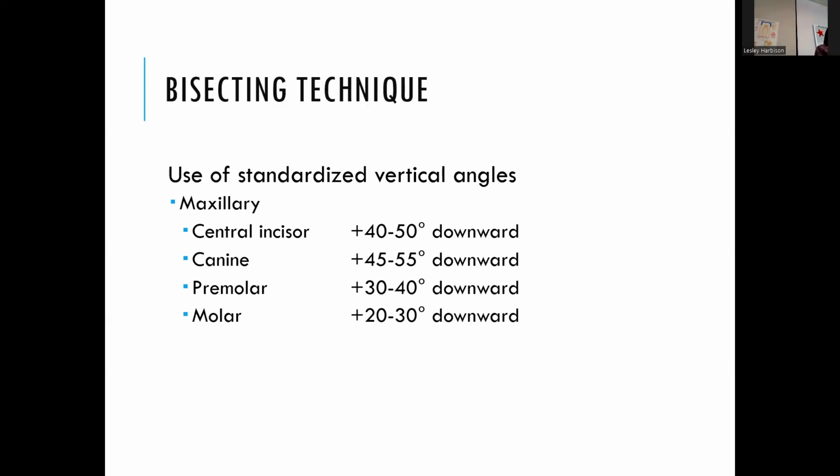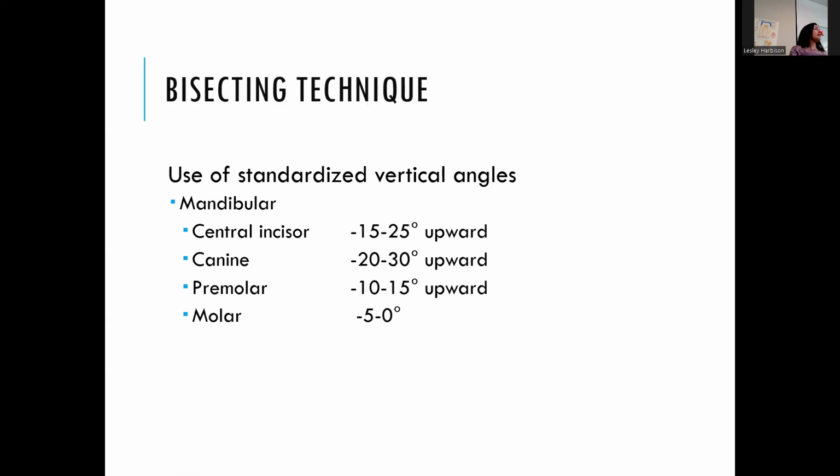This will be easier once you're in lab doing it, but especially in the anterior, you can actually visualize it. These are the numbers you'll automatically start with, and you might shift slightly: 40 to 50 downward for anterior, premolars 30 to 40, molars 20. So it gets flatter and flatter as you get posterior. You don't have to memorize these.